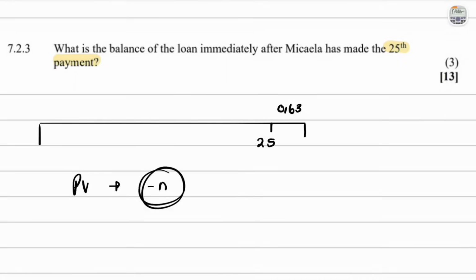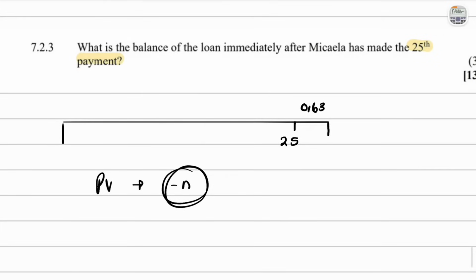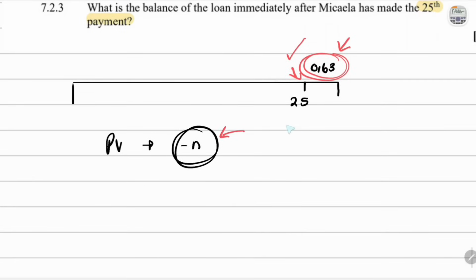So in order to find this, we can use the present value formula again, but in place of n, we're going to put 0.63 because this would be the payments left to go after she has reached the 25th payment. Immediately after the 25th payment has been paid, she has 0.63 payments left to go. Just remember that n tells you the amount of payments you have left to make.